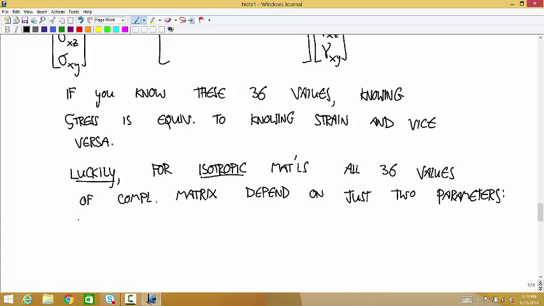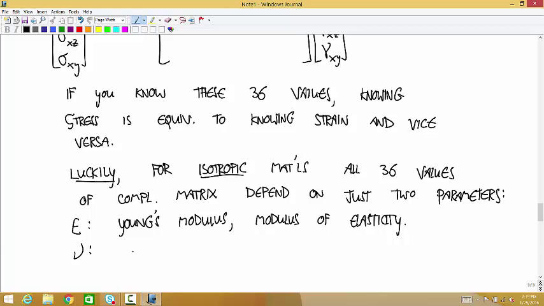Those are E, which is known as Young's modulus, or the modulus of elasticity. And nu, which is called Poisson's ratio.